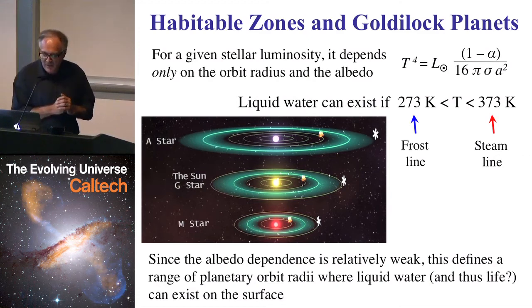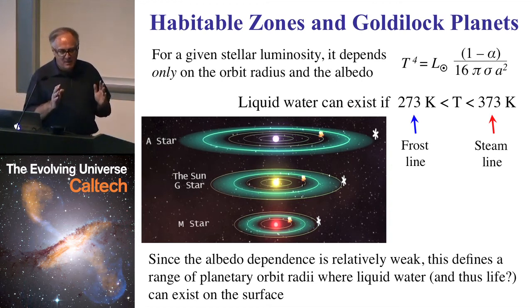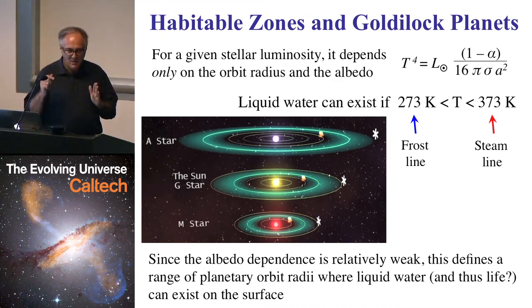So since for a given star, given luminosity, the temperature will depend on how far it is from the star, and albedo doesn't come into the equation very strongly, that defines a belt called the habitability zone. On the cold end, where water freezes, it's called the frost line.